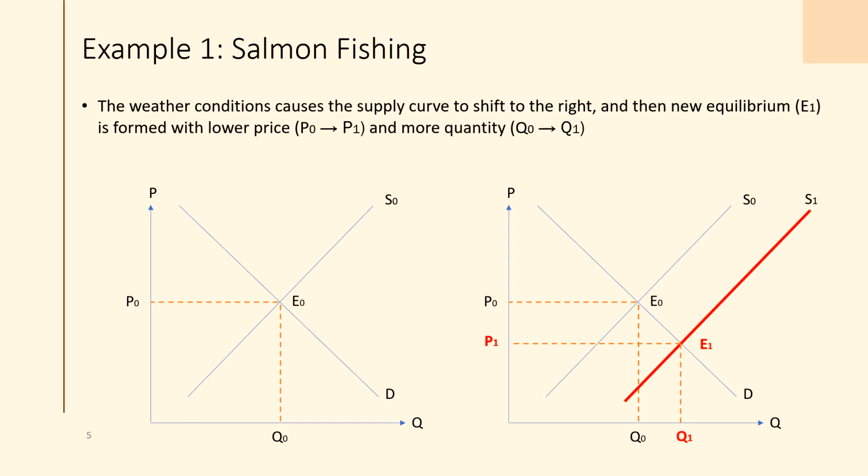As a result, a new equilibrium E1 is formed. At this new equilibrium, the price decreases from P0 to P1 and the quantity increases from Q0 to Q1. So the key takeaway is: increasing supply leads to lower price and higher quantity.